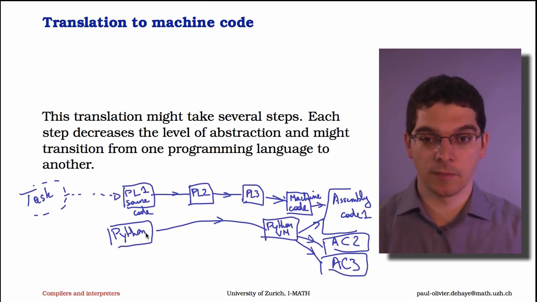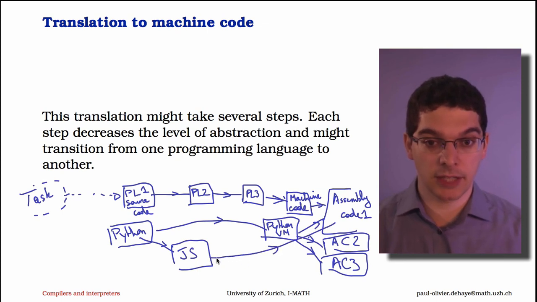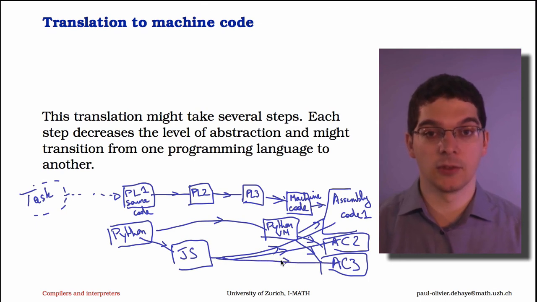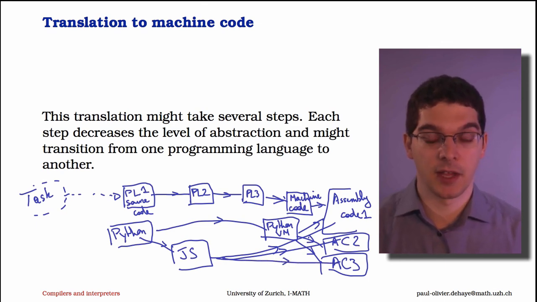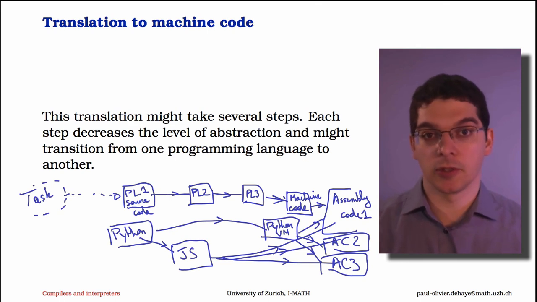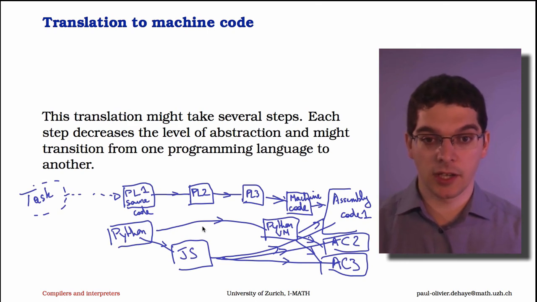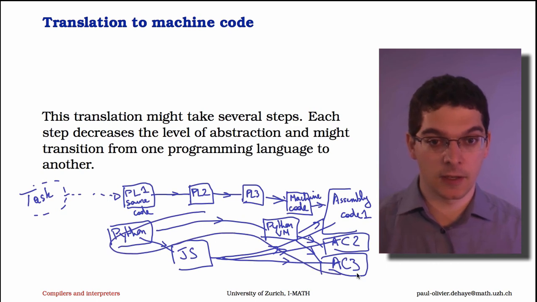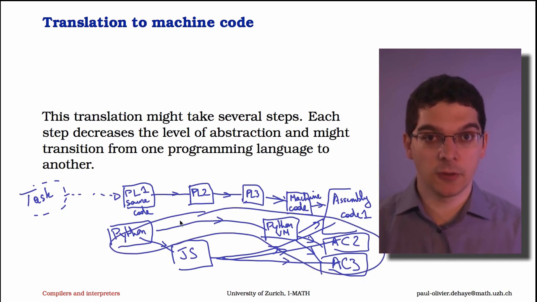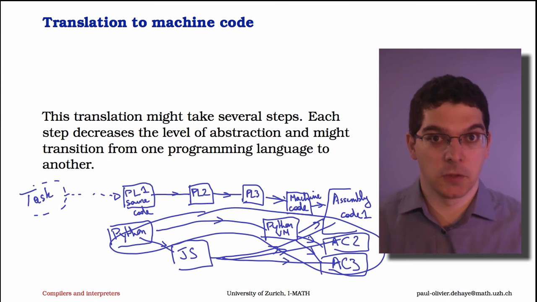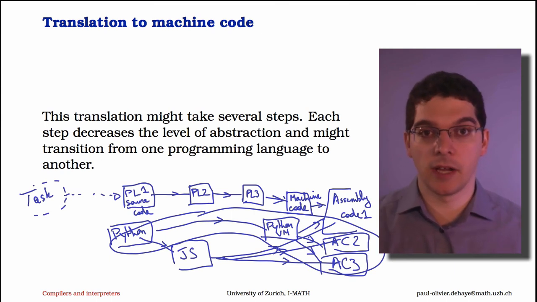So here is another one. You could go from Python to JavaScript, and maybe this transits through a virtual machine, but once you're in JavaScript, then you're very good because JavaScript is extremely portable. That's what powers the web, and you can translate into many different assembly codes. So that's two different options for Python, and certainly the first one here is more common than the second, but I want to really illustrate that there are different options, and none of them is more valid than another.